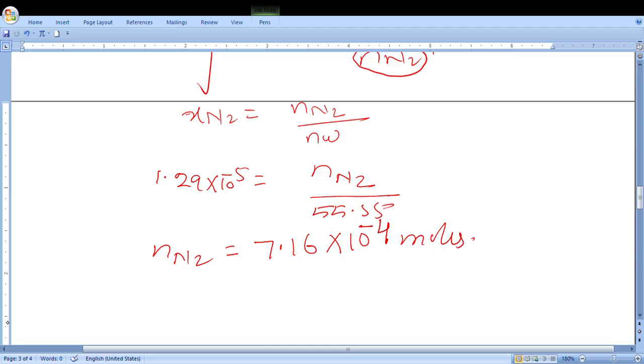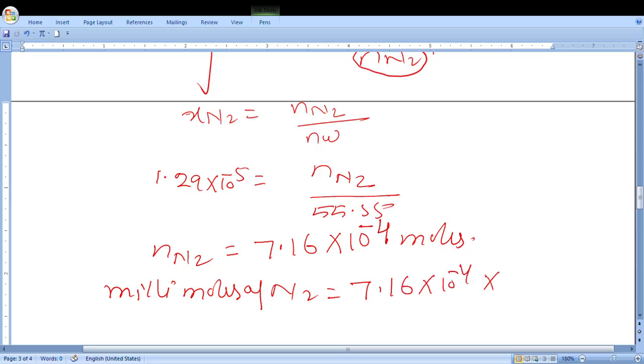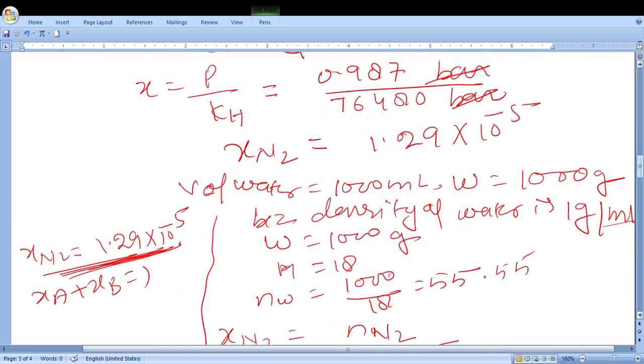Now millimoles of nitrogen, the question is asking millimoles of nitrogen. 1 mole is equal to 1000 millimoles. So here 7.16 into 10 to the power minus 4 into 10 to the power 3. In this way, the answer is coming 0.716 millimoles.